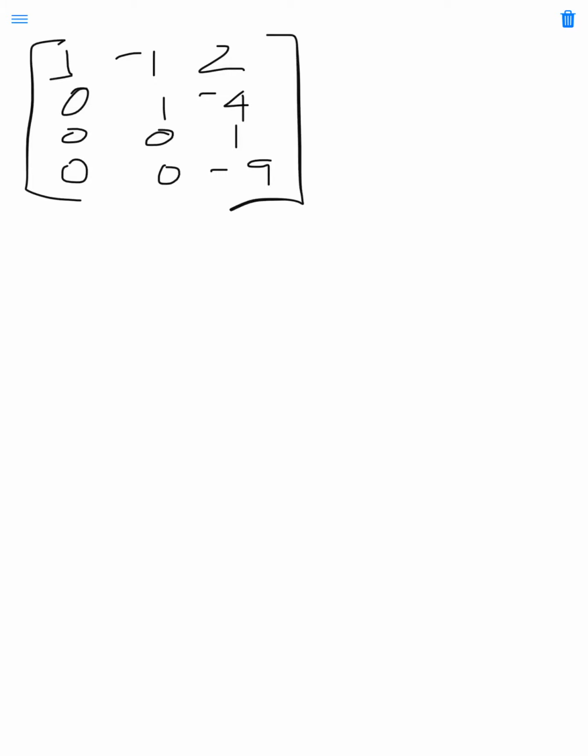So here we can see that diagonal elements are equal to 1, and the last one, this one also we need to make it as 0.